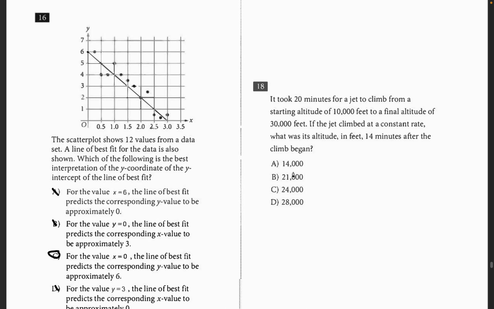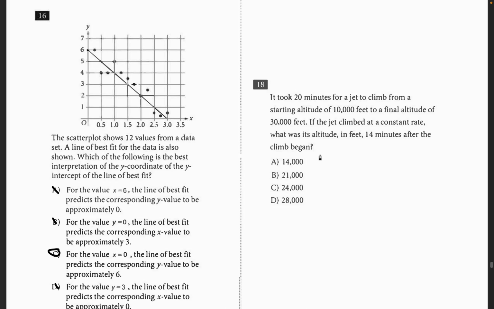Okay, next. It took 20 minutes for a jet to climb from a starting altitude of 10,000 feet to a final altitude of 30,000. So the distance was 20,000. So we could use the formula distance. I'm pretty sure this is a distance equals velocity times time question. So the distance is 20,000 feet, right? 20 minutes, from 10,000 to 30,000.